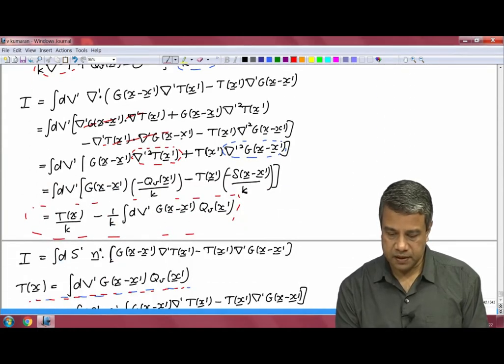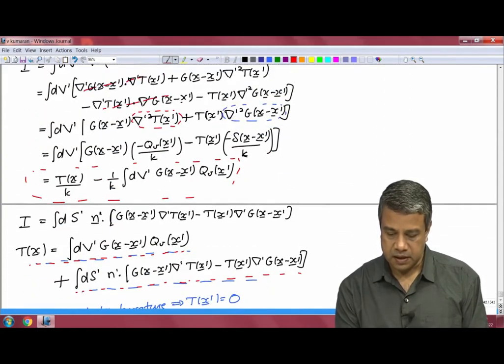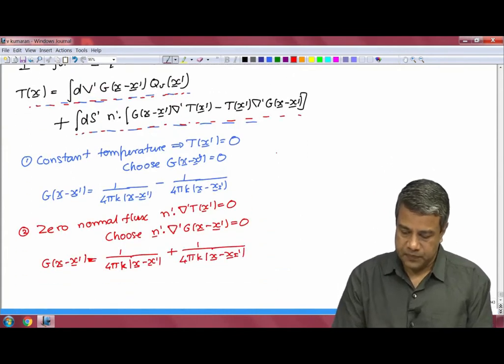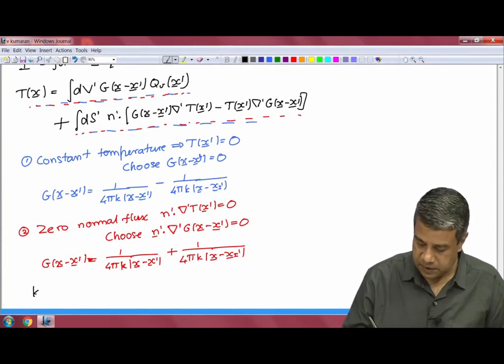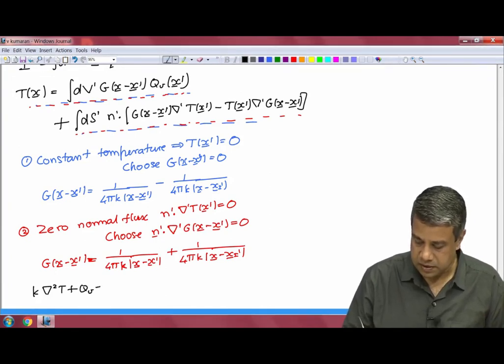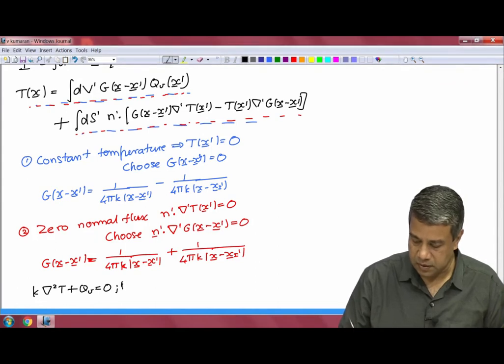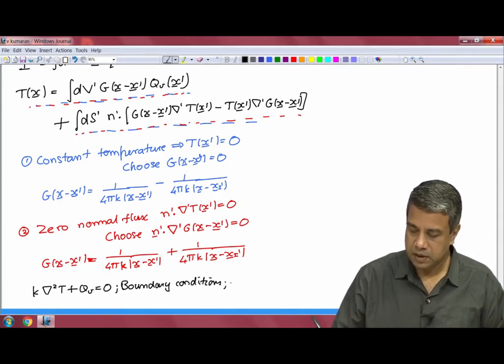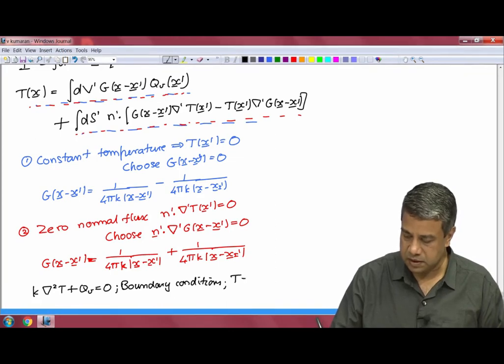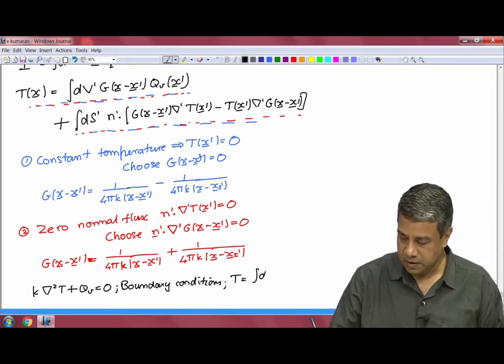If it is in a finite domain, that is if you have k del square T plus QV is equal to 0 and boundary conditions, the solution is T is equal to the integral dV prime QV of x prime times the Green's function.